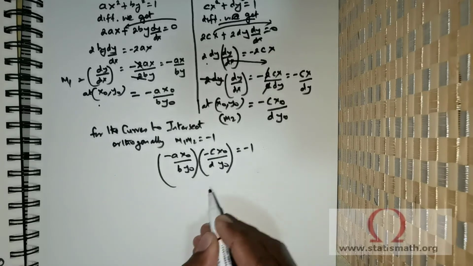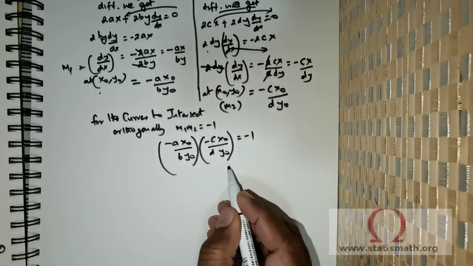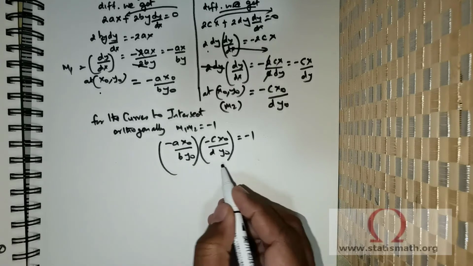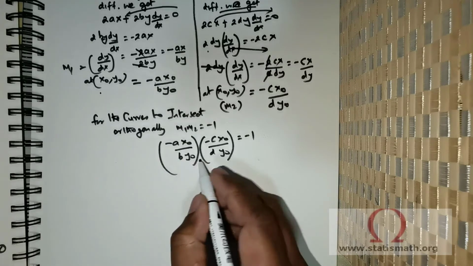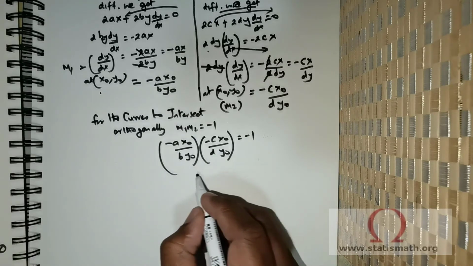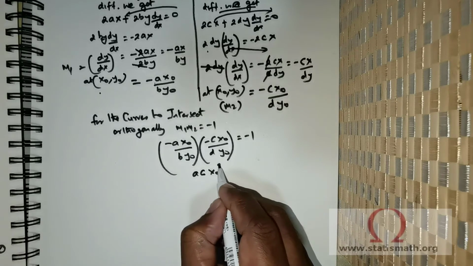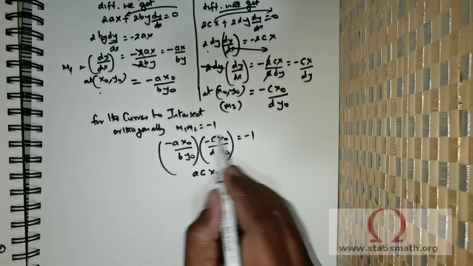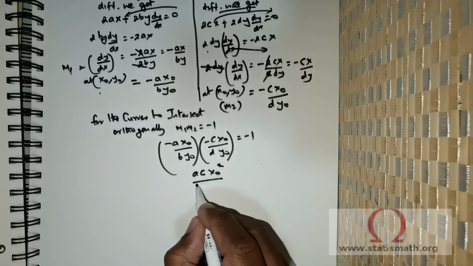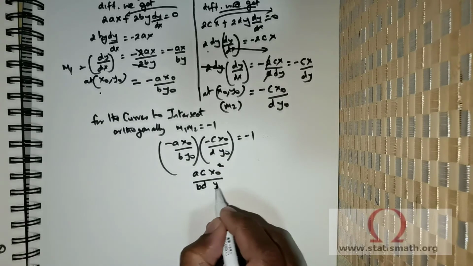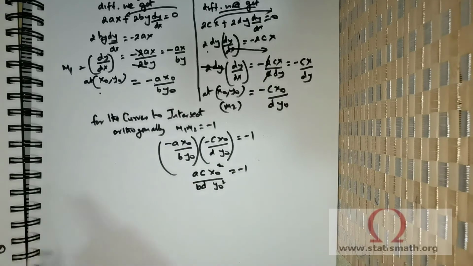This is equal to negative 1. So I can rewrite this by multiplying the signs on the left side. So that's going to be a times c x0 squared, you multiply the x0, divided by b times d y0 squared is equal to negative 1.